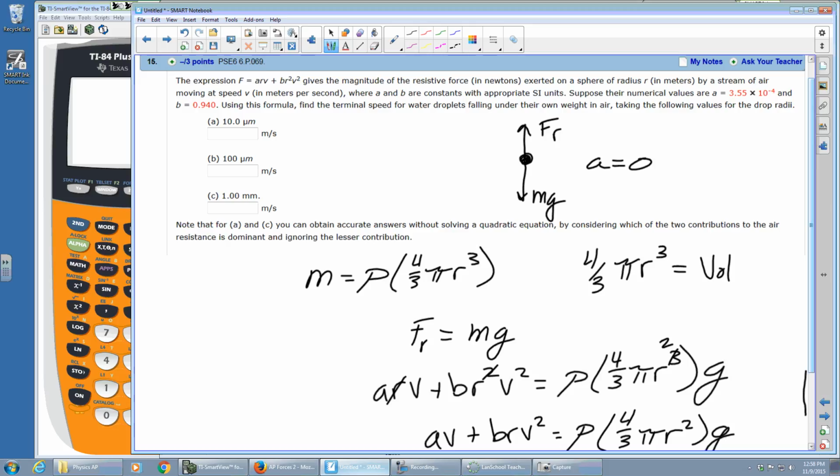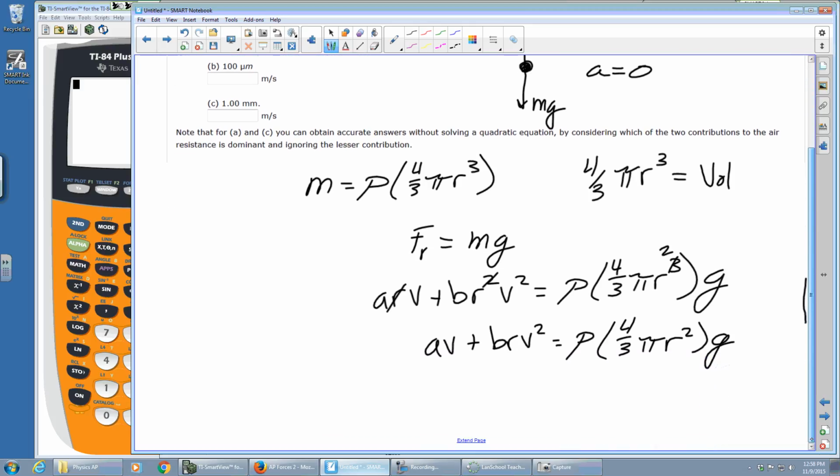And you don't want it in liters, you want it in cubic meters, because you want your g in meters per second squared, or newtons per kilogram. So your rho is going to need to be in kilograms per cubic meter. You can do that in your calculator too.